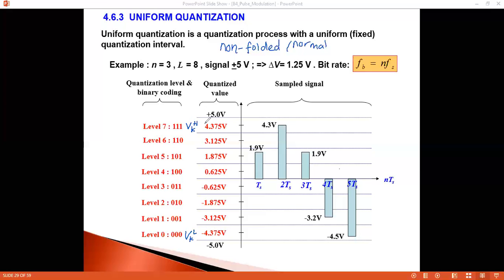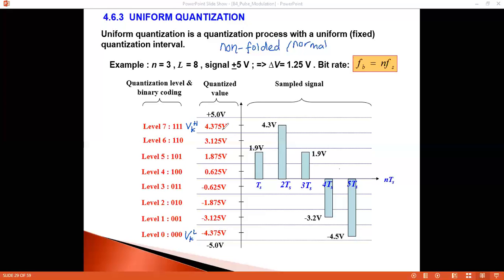We calculated our VKL and we got minus 4.375. And for the above levels, we just add delta V at 1.25. So you add minus 4.375 with 1.25, you get the value for the next level, which is minus 3.125, and then just add some more, and so on. So we should get for the highest level 4.375.